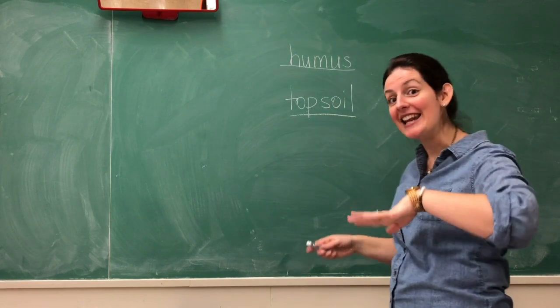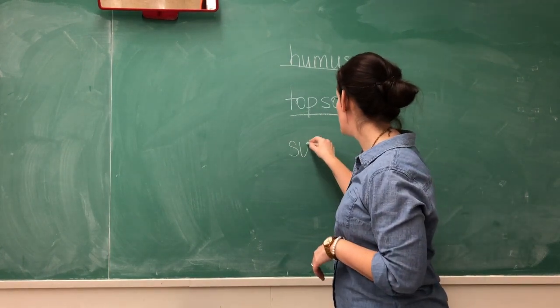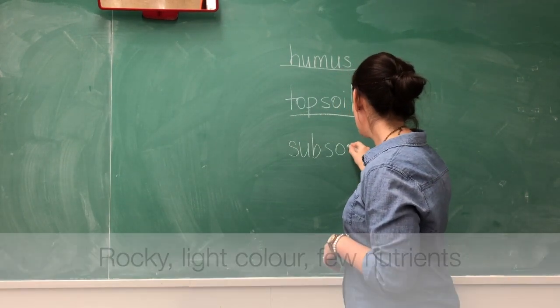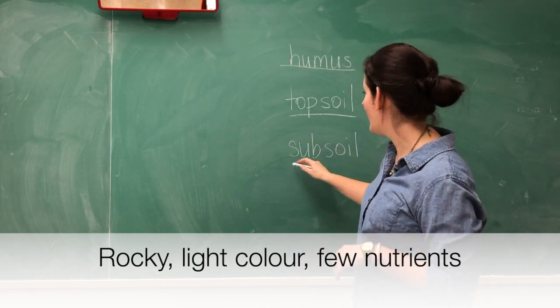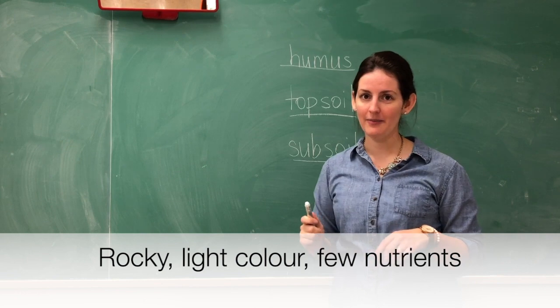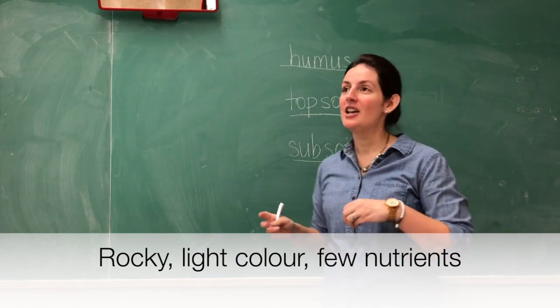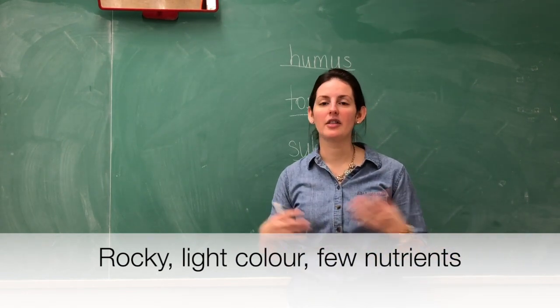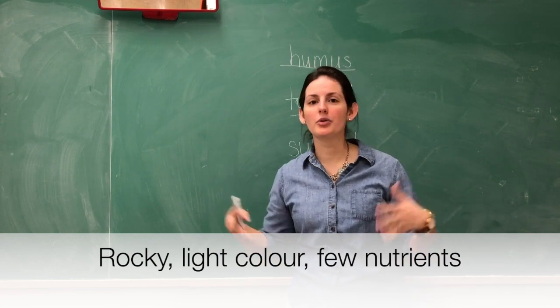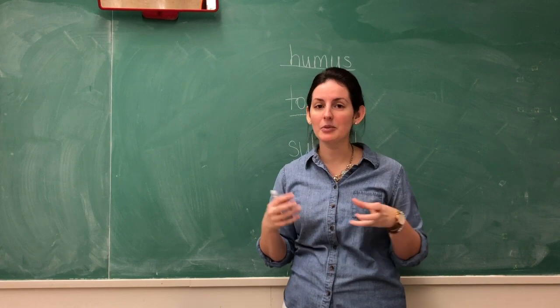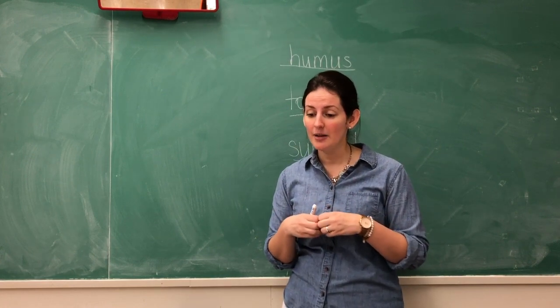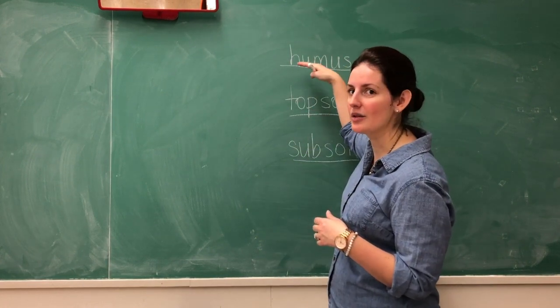All right, the next layer is the subsoil. Sub means under, so it goes under the topsoil, okay? Now the subsoil is not this healthy place where there's all this life, where roots can grow really freely and wonderfully. No. Once you get down into this subsoil, it's a lighter color because it doesn't have the humus, right?